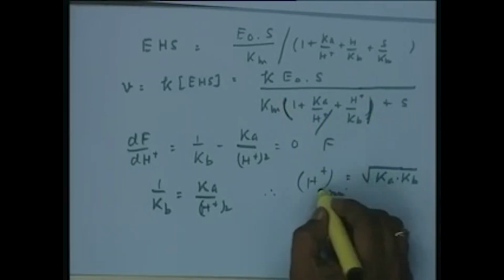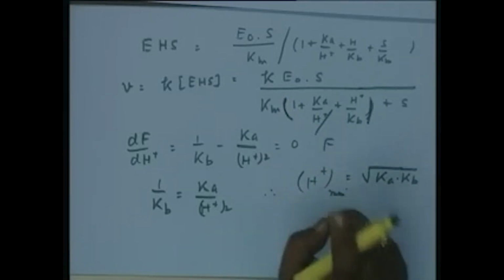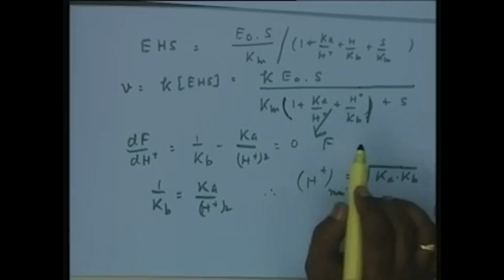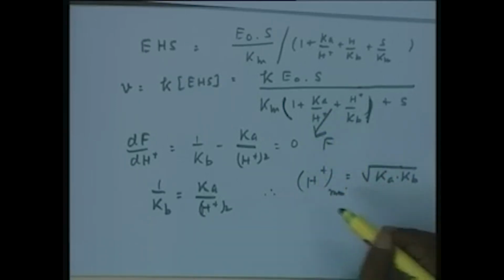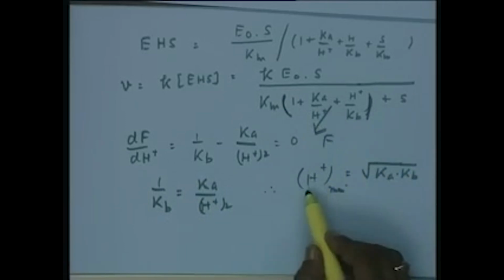This is not the minimum hydrogen ion concentration, but it is the value of the hydrogen ion concentration at which the value of this function f is minimum. And obviously, the rate will pass through a maximum when this function is minimum, and at this hydrogen ion concentration, the reaction velocity will pass through a maximum.